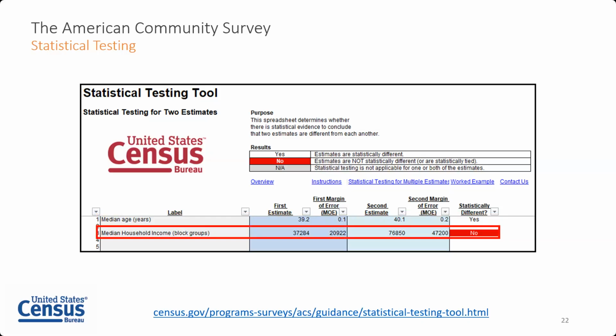So if you'll remember, after looking at the margins of error, we couldn't tell if the first block group estimate of about 37,284 was significantly different from the fifth block group estimate of 76,850. So to check this, I've manually input them into the spreadsheet here. The red no in the statistically different column tells us that they are not statistically different from each other.